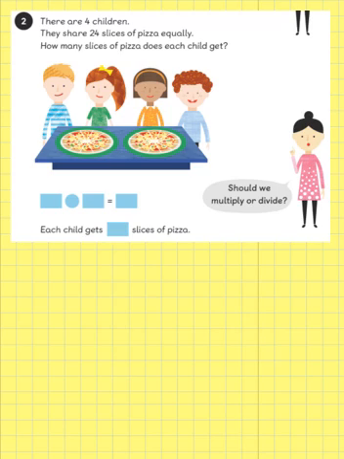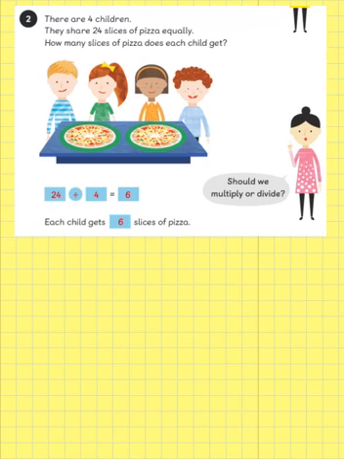I just want you to see if you can think of a method to answer this. And I'm going to show you the answer in a moment once you've paused the video and had a quick think. So hopefully you came up with the answer of, if there are 24 slices altogether, if we divide that by the 4 children, that gives them 6 slices of pizza each.